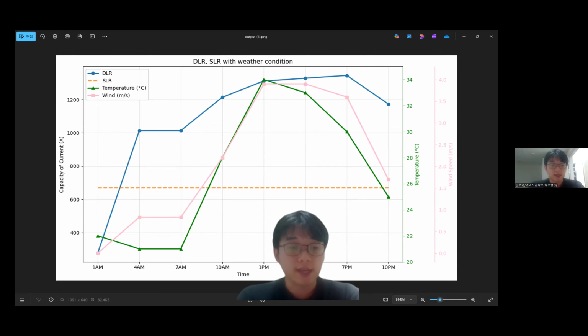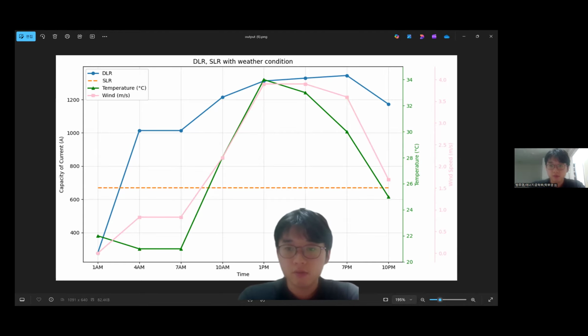The left y-axis shows the current capacity. It's about the DLR and SLR. The x-axis shows the flow of time, and the right y-axis shows temperature and wind speed.